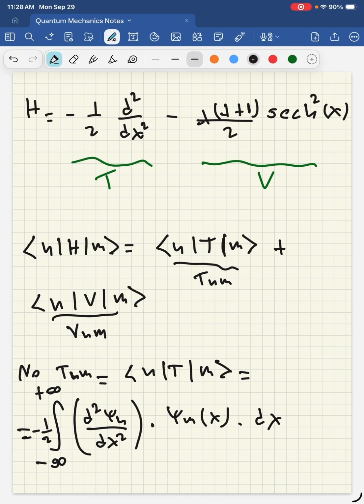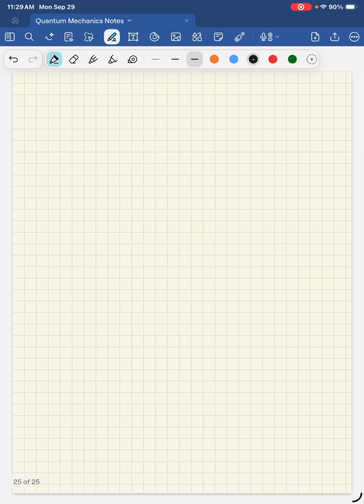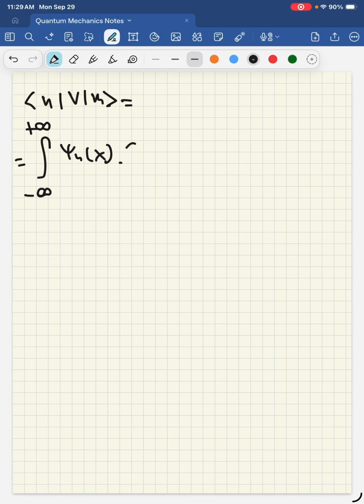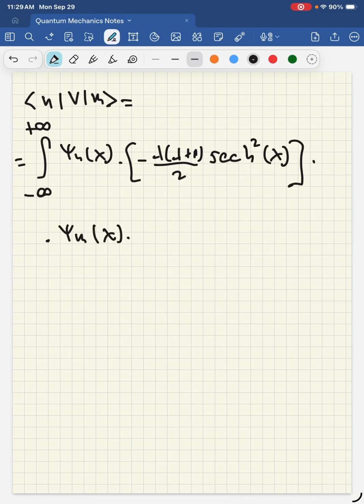But anyway, this is the matrix element for the kinetic energy operator, and for the potential, V n m is nothing more than this integral from minus infinity to plus infinity of Cn of x times minus lambda times lambda plus 1 over 2 times the hyperbolic secant squared of x times Cm of x dx. So that's the other matrix element.